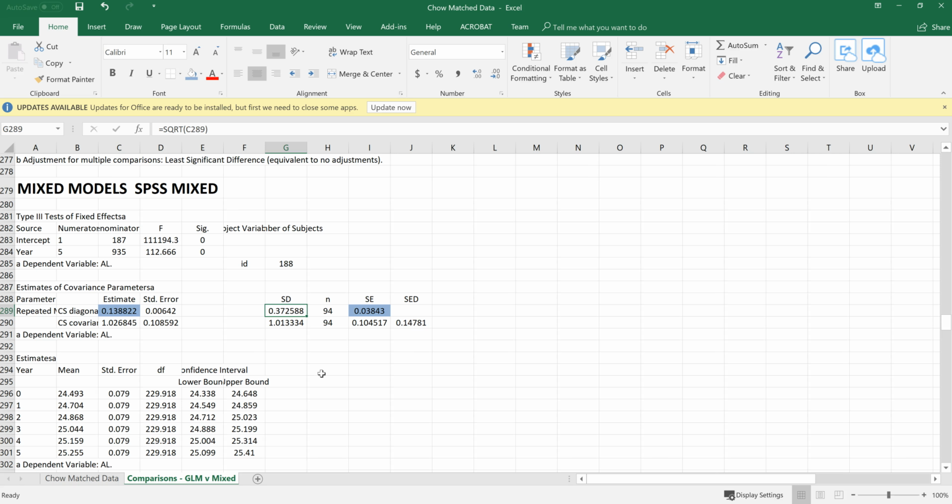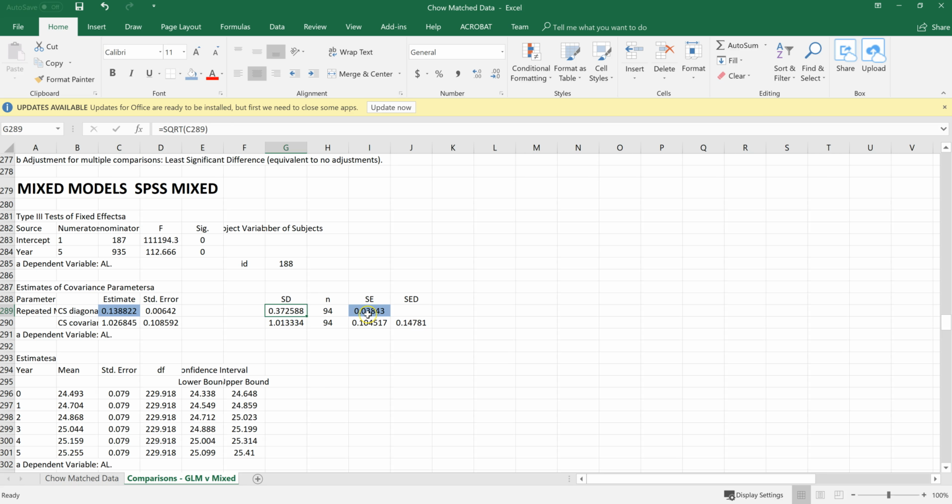It's taking each individual difference. In an independent t-test, you take the mean of one group minus the mean of the other group divided by the standard error of the difference. In a paired t-test, you calculate separate differences for each pair, and then you divide it by the standard error of those differences.